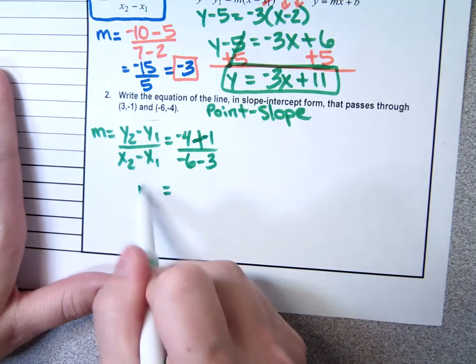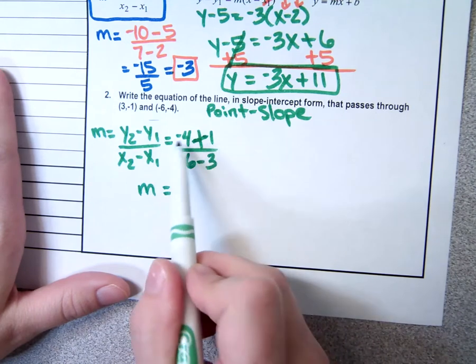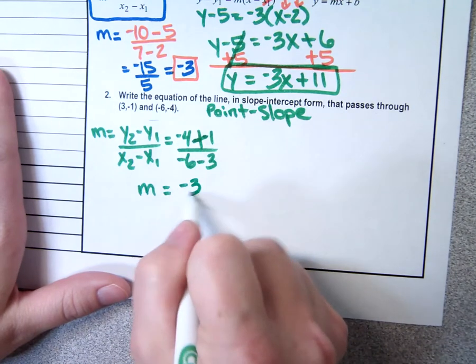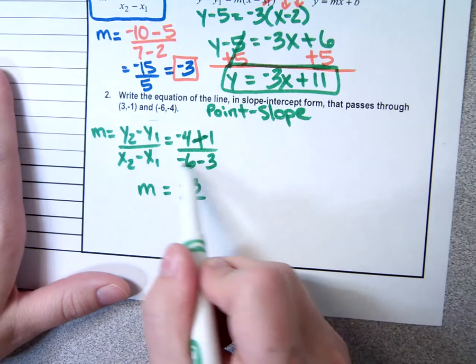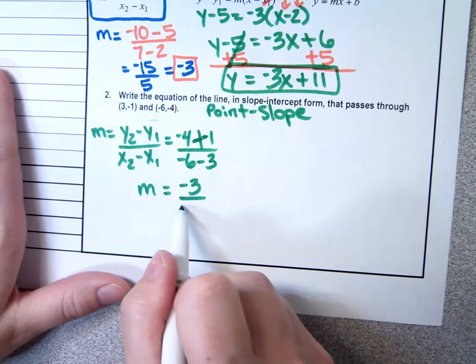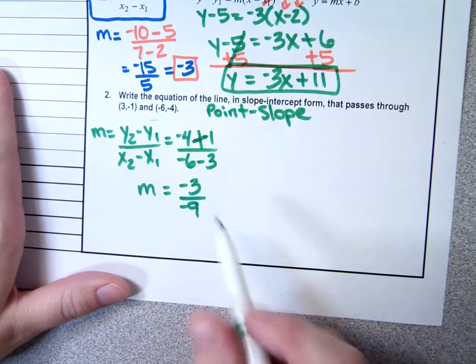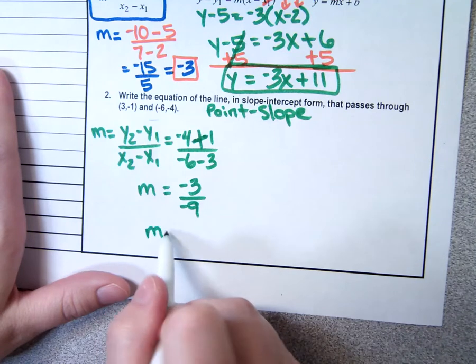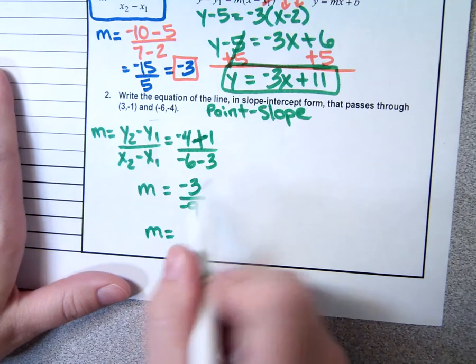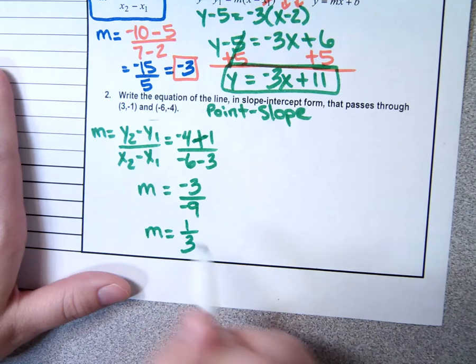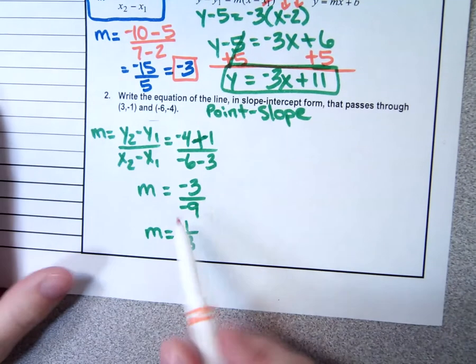Now let's work that out. How much is -4 plus 1? -3. How much is -6 minus 3? -9. And then I can reduce this, and a negative divided by a negative makes a positive, and 3 over 9 makes 1/3. So there's my slope.